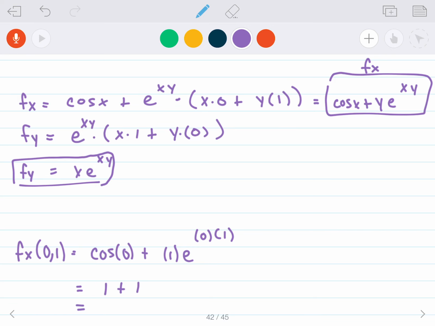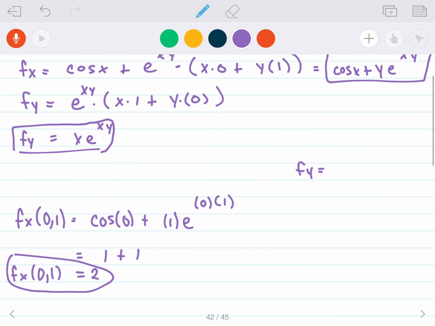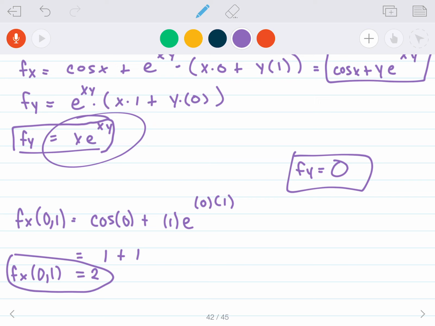So we have 2. That's going to be my partial with respect to x, plugging in (0, 1). Now my partial with respect to y. So x is 0, so all of this goes to 0. So it's just 0. Alright, so my gradient is just equal to 2i, right? Plus 0j, but we don't have to write that.